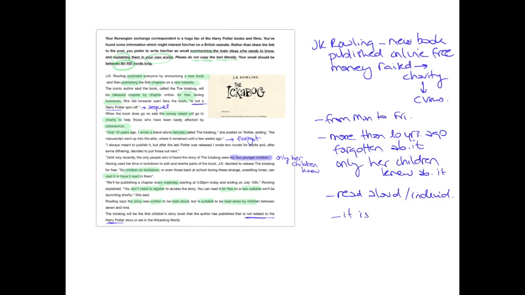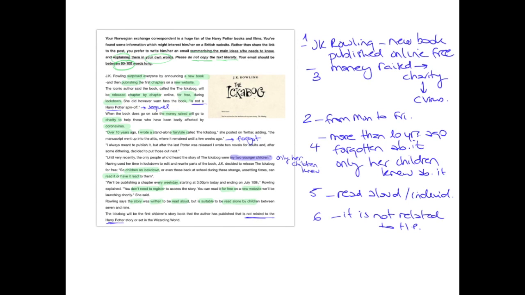And it is not related to Harry Potter. These are the main ideas. Now that I think of it, probably this would be the first idea, and this one here is related to it. So probably that would be the second thing I would write. Then number 3, and number 4, 5, and then 6. That would be the way I would organize it.